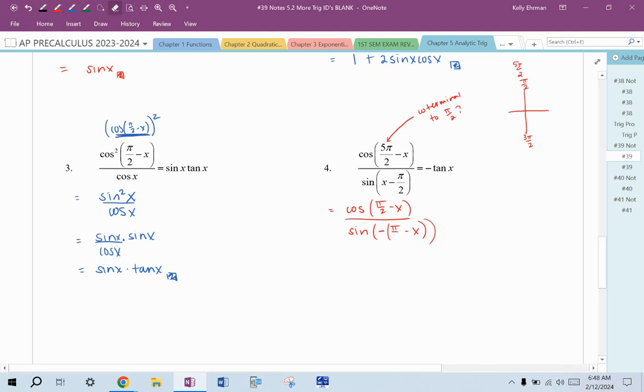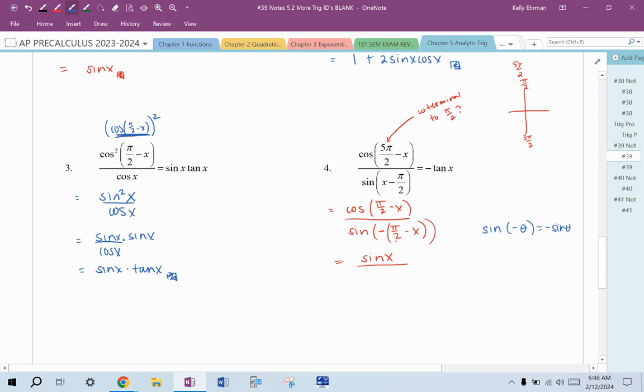Okay, so sorry, I'm trying to get my pen here. There we go. Okay, so we've rewritten the top, so that's clearly sine x on top. And then what about the bottom? So we have this cofunction identity, but we can't use the cofunction identity until this negative is out of here. So remember, the sine of a negative angle, let's use theta instead of x, is equal to negative sine of theta.